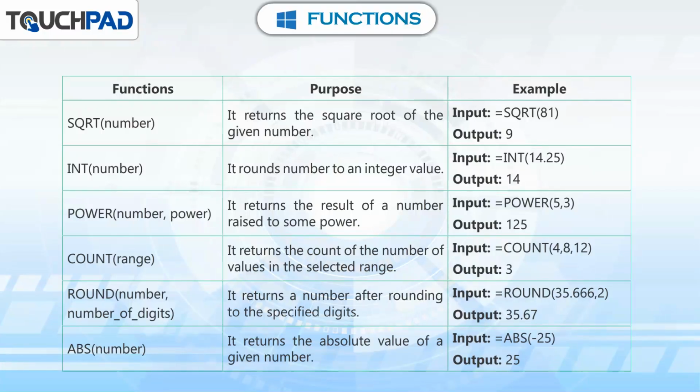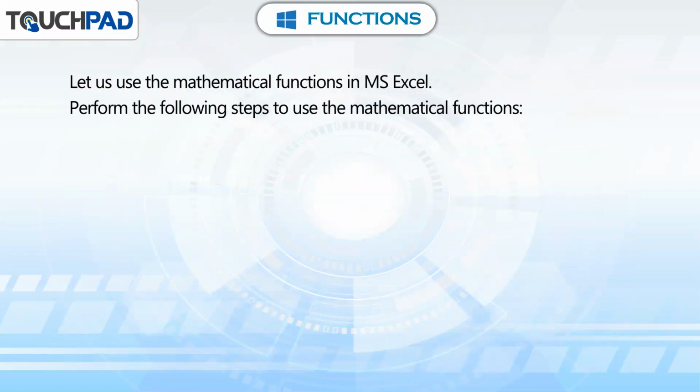Input: =ROUND(35.666,2). Output: 35.67. ABS(number). It returns the absolute value of a given number. Input: =ABS(-25). Output: 25.